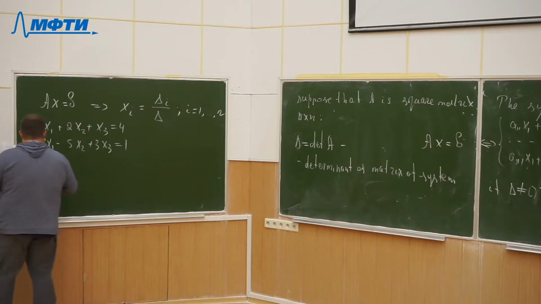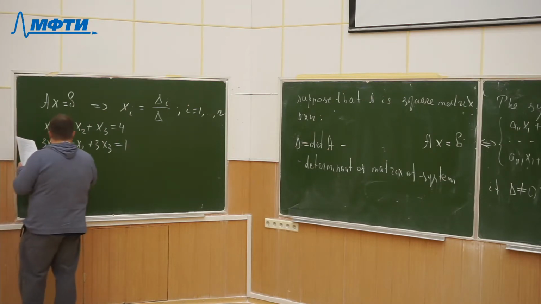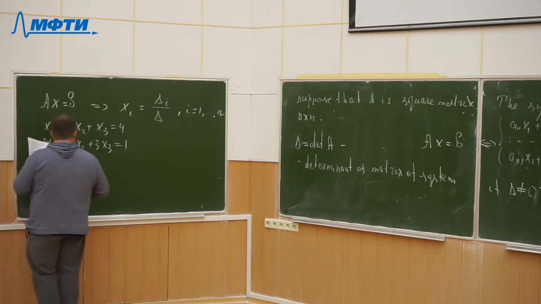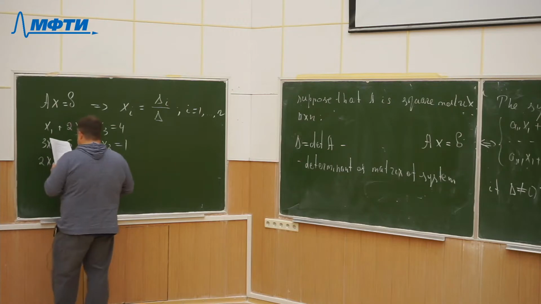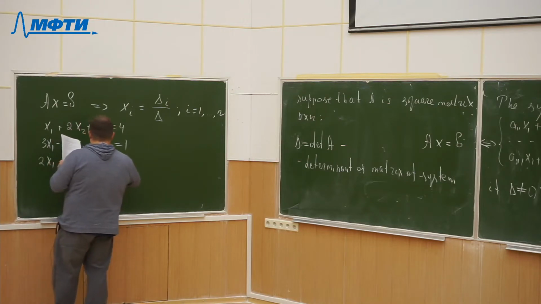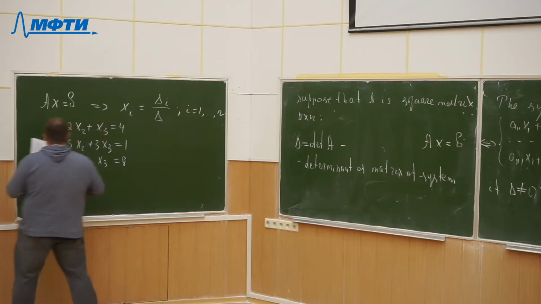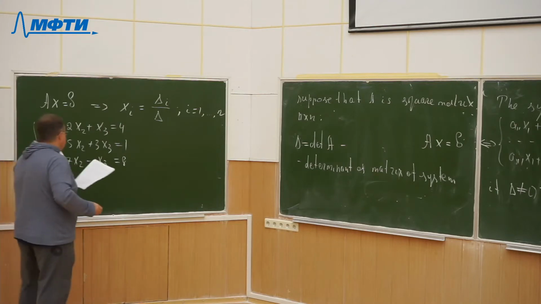And the last equation, 2 times x1 plus 7 times x2 minus x3 equals 8.